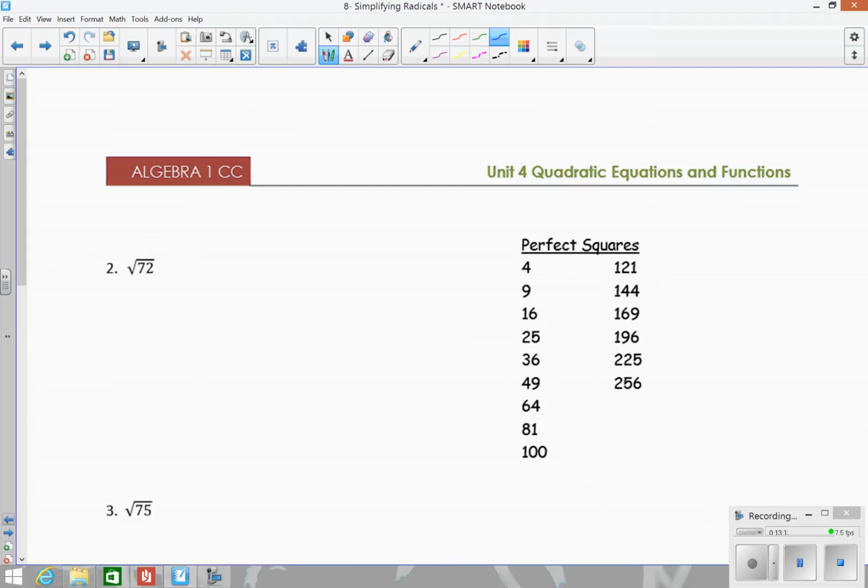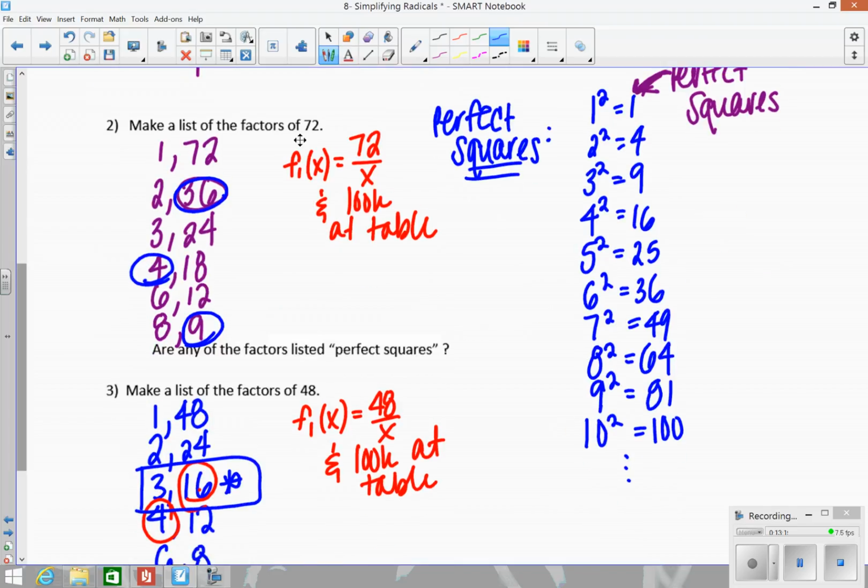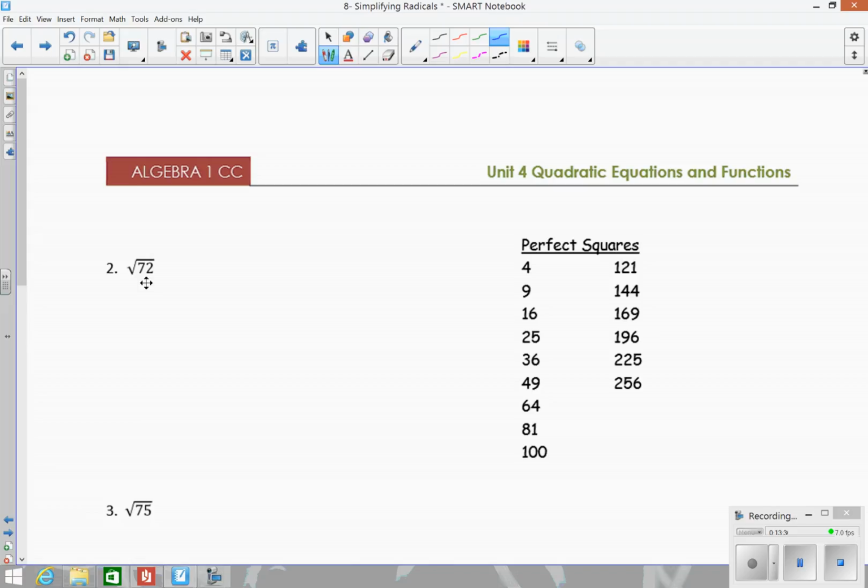The next one here, 72. Okay, so go back 2 pages and look at our factors. If we are looking at our list of factors here, I would want to use the largest perfect square, which would be this, 2 and 36. So I'm going to rewrite this, and I'm always going to put that perfect square in front. So it's going to be square root of 36, square root of 2.